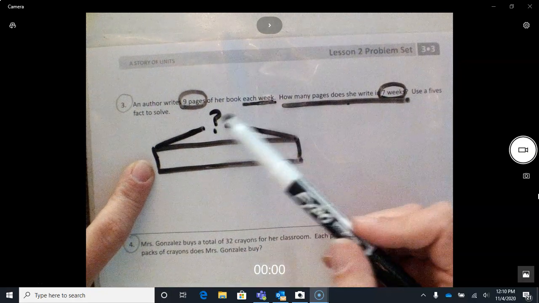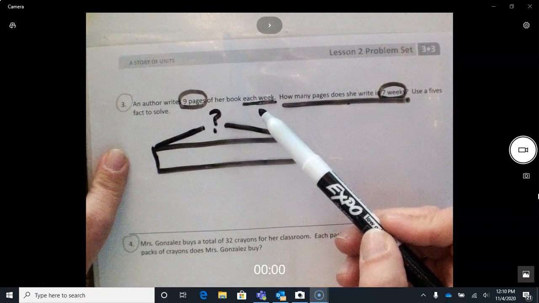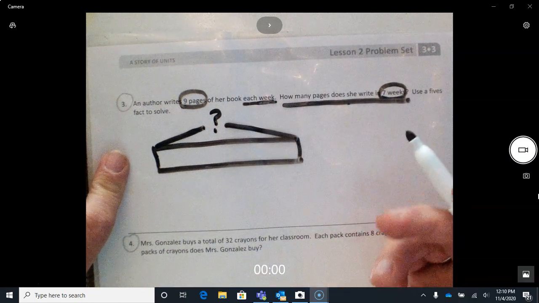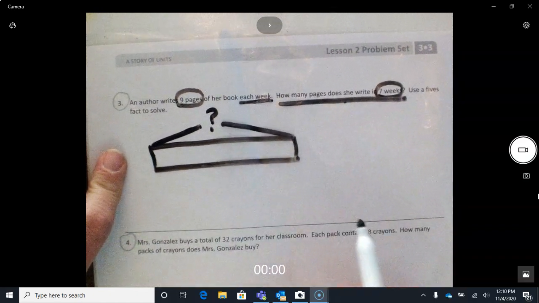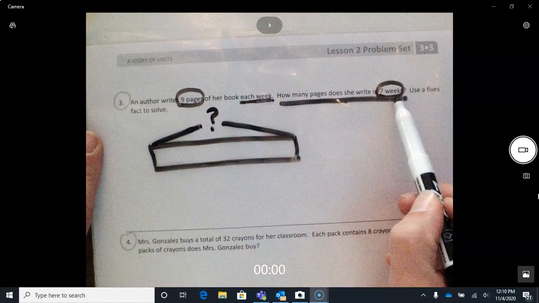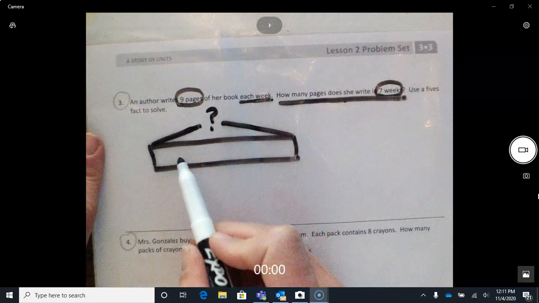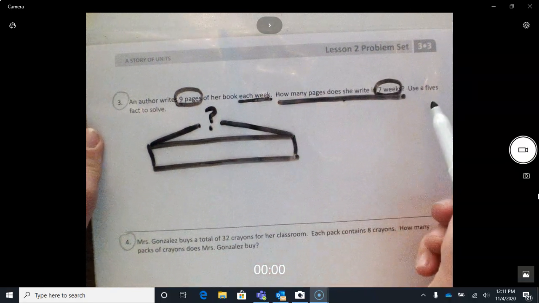Okay? Now it says she's doing 9 pages of her book each week. Now I like to think of weeks as kind of a group because a week is a group of days, right? So my groups are now what I'm using for weeks. So I'm going to split my tape diagram up to represent all the weeks because that's what I'm trying to find in 7 weeks.